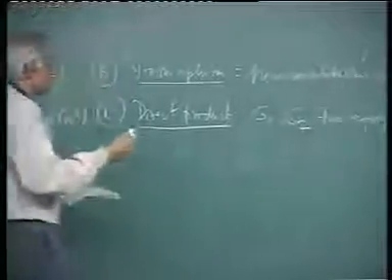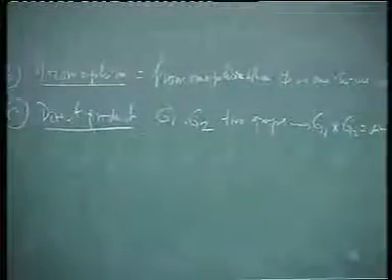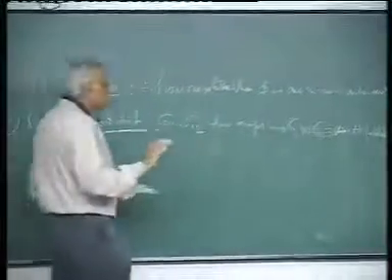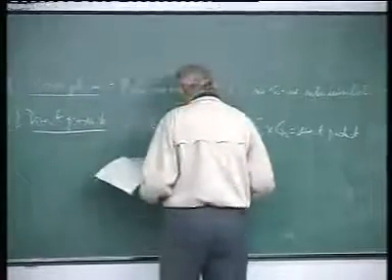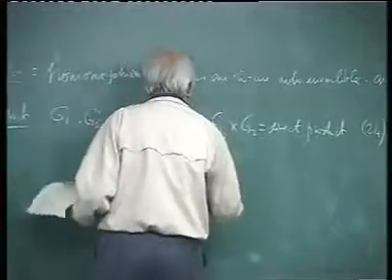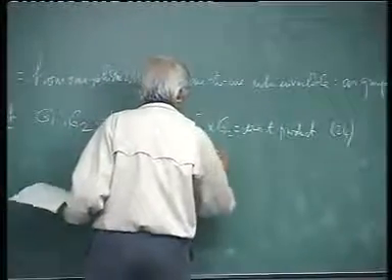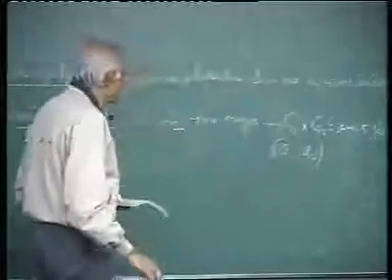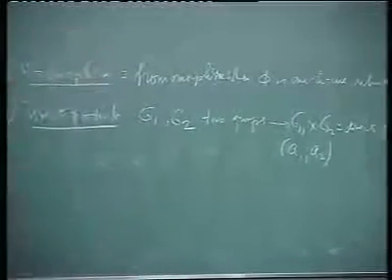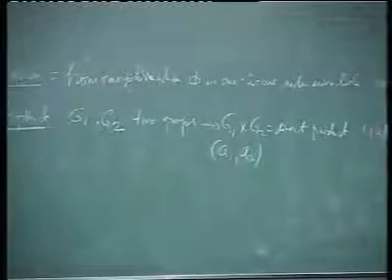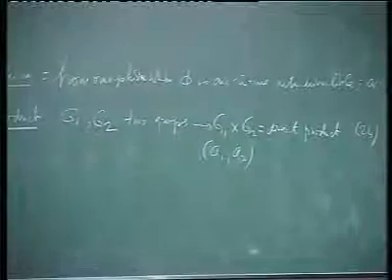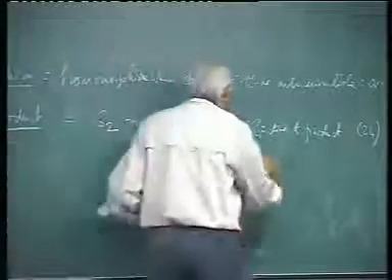What are the elements of the product G1 cross G2? They are ordered pairs. And what notation shall I use? I will write A1, A2. A1 is an element of capital G1, A2 is an element of capital G2. And you pick them independently.